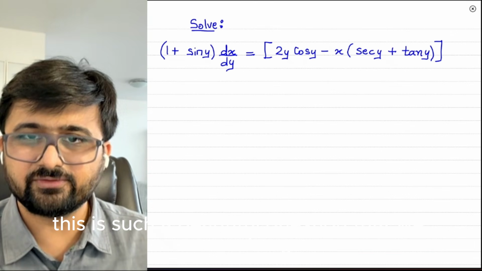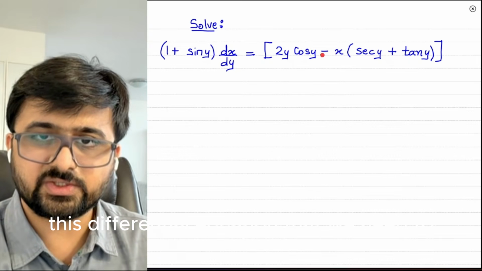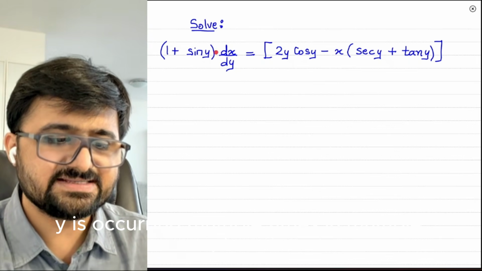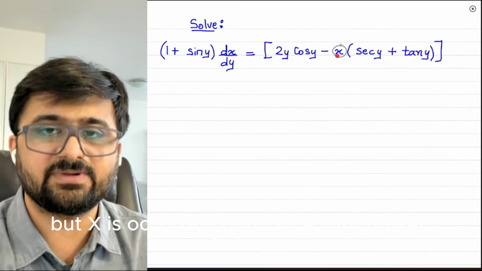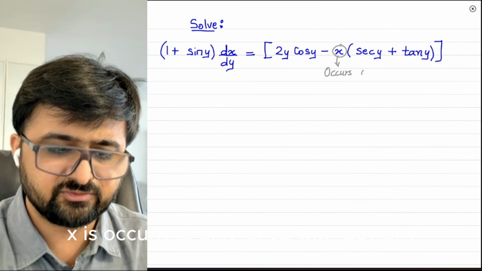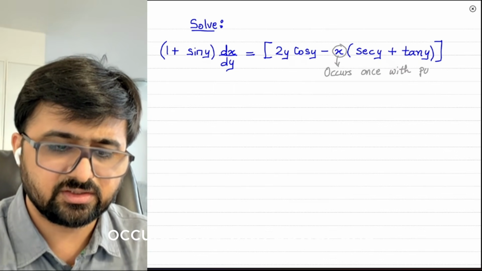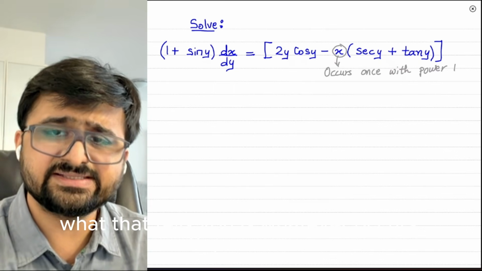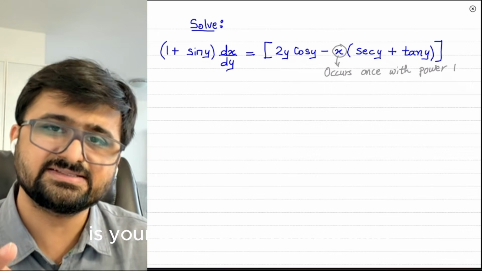This is such a beautiful question that we are solving right now. If you notice this differential equation that we need to solve, y is occurring multiple times in multiple places, but x is occurring only once with power 1. Whatever occurs only once with power 1 is your dependent variable.